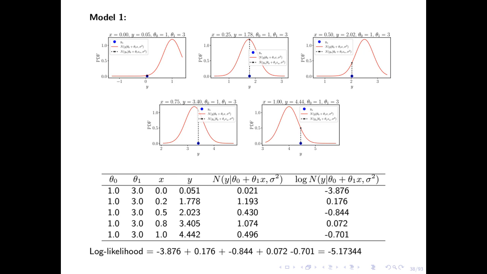At x equal to 0, the y value we have observed is this value here. And we can see that the height is equal to 0.021. You can see that this height here is 1.19. So if we calculate the natural logarithm of the heights, we can just sum them. So this quantity here is the log likelihood of this model for the given data.